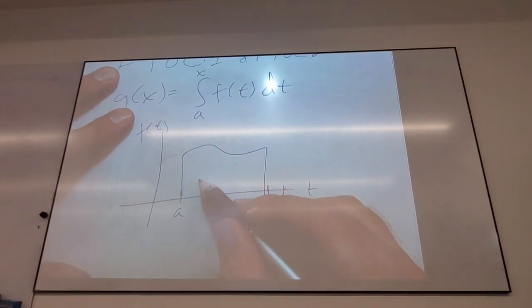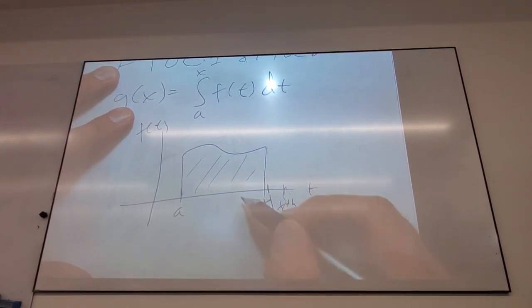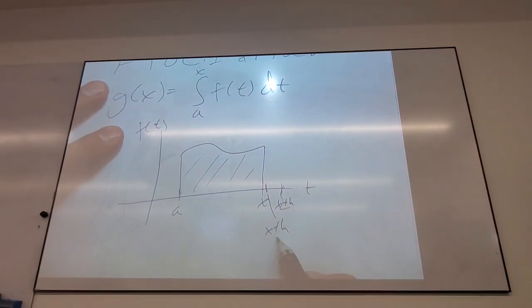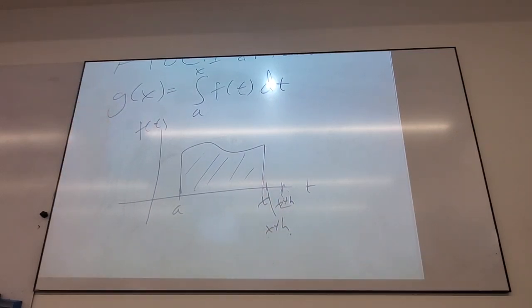Whatever area this is currently, my question really is, if I change my input a little bit, what happens to my output? That's basically what a derivative does for us. So if I step a little bit up, x plus h, how much does my output change?